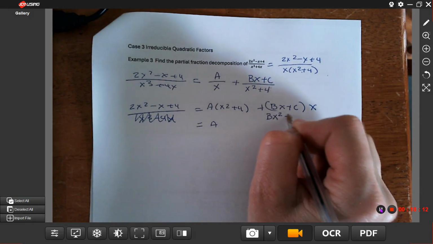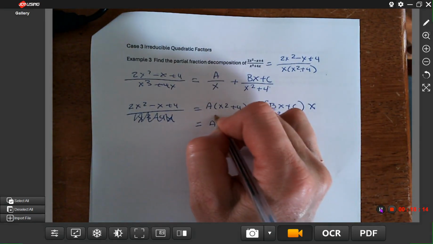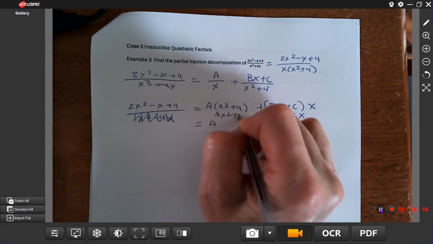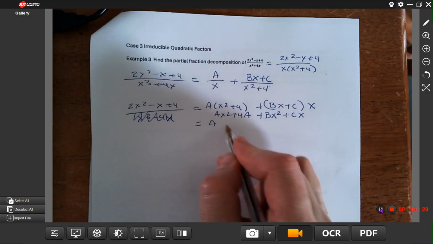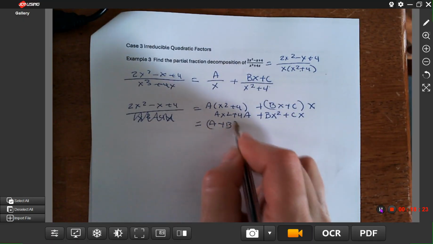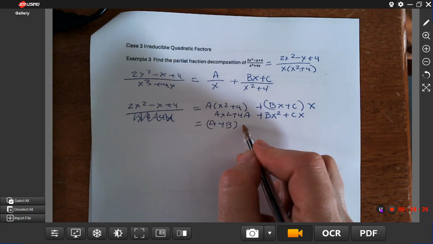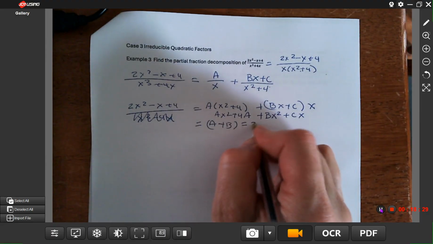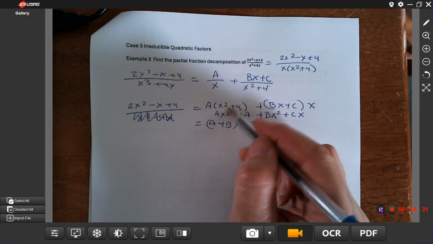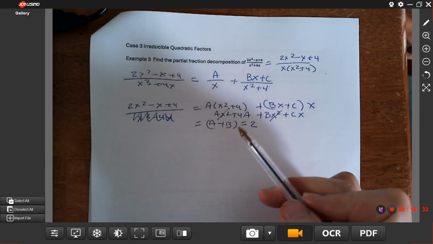Bx squared plus cx. Ax squared plus 4a. All right, so I have a plus b are the coefficients on my x squared terms, and my x squared term has a coefficient of 2. All right, so I took care of my x squared terms.